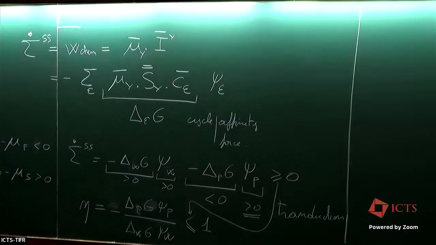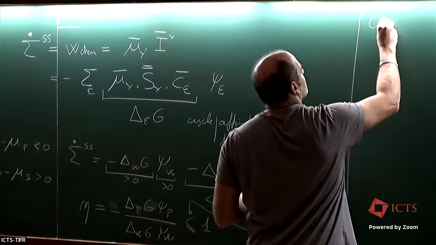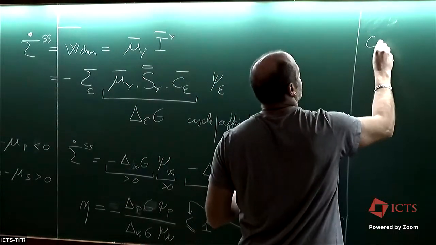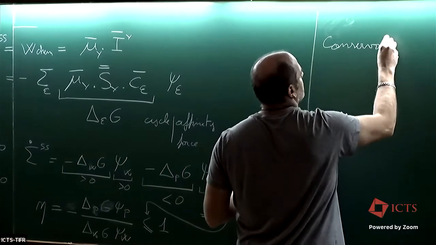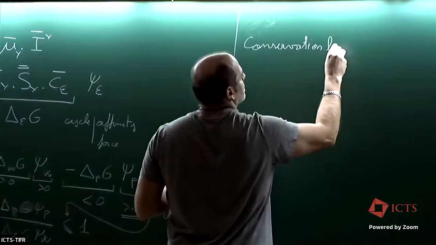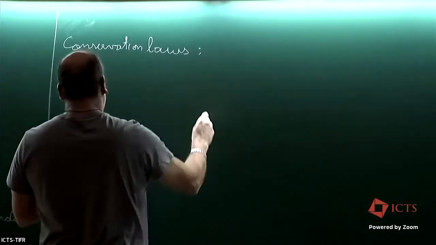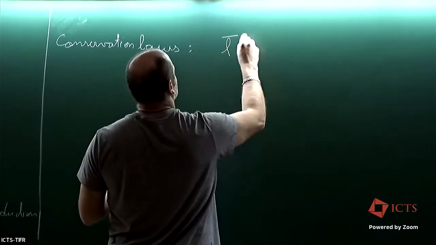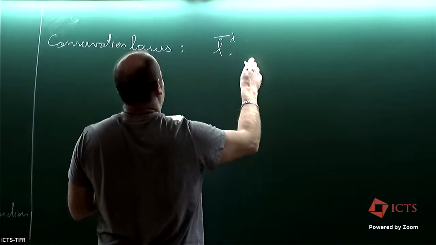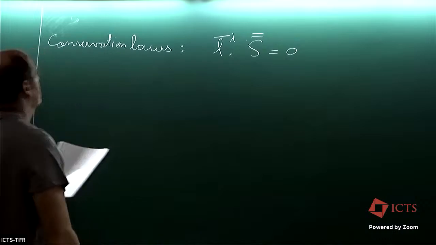Okay, let's go to conservation laws. I know I was told to write a bit below. They are also important. And they are now the left null vectors, I will label them by lambda, of the stoichiometric matrix.